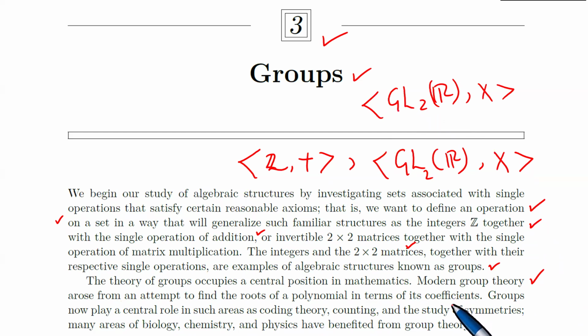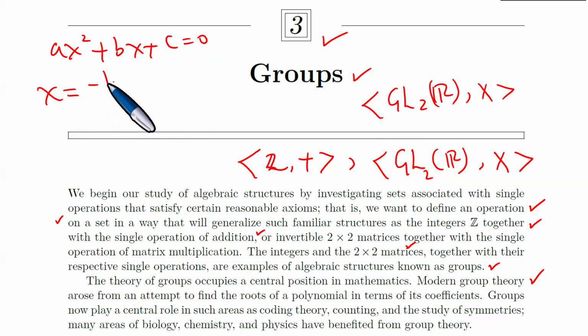This is very important to say. How did this modern group theory come about? It arose from an attempt to find the roots of a polynomial in terms of its coefficients. Obviously, the one we know best is a polynomial of degree 2, where we can find the roots in terms of its coefficients, because the mathematicians were motivated by this formula.